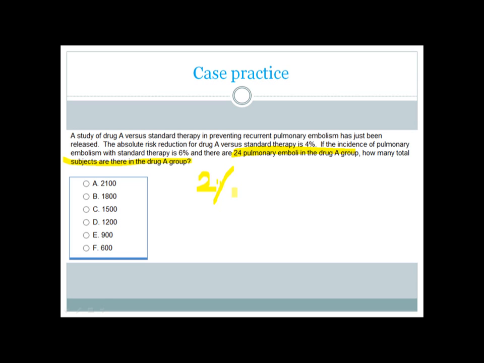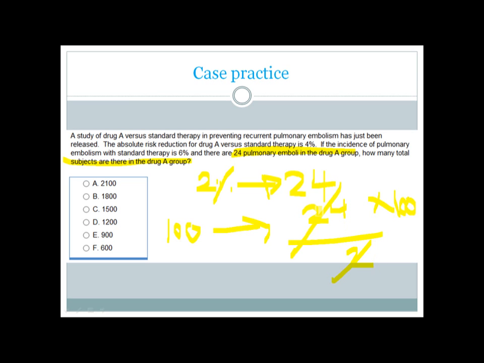So 2% of the population includes 24 people. So 100% of the population will be, by simple mathematics, 24 into 100 divided by 2. 24 by 2 is 12, and 12 into 100 equals 1200. So there were actually 1200 people in the drug A group.